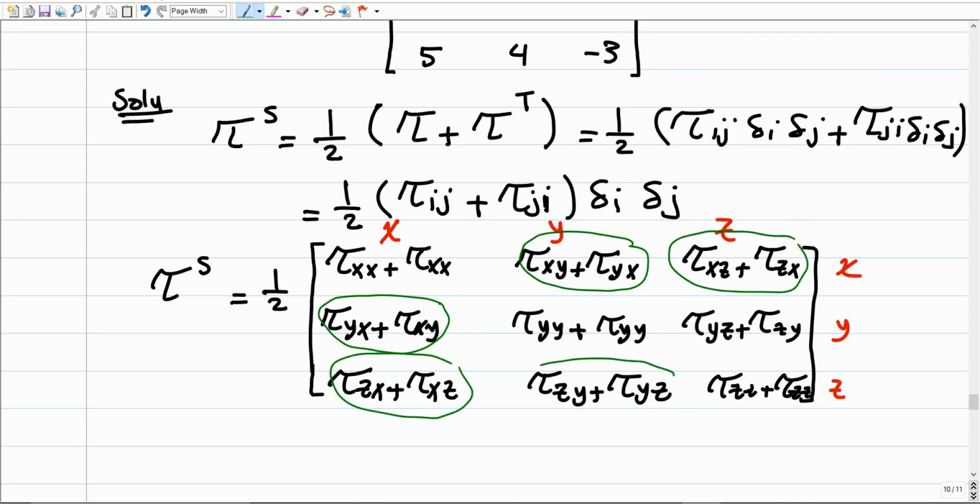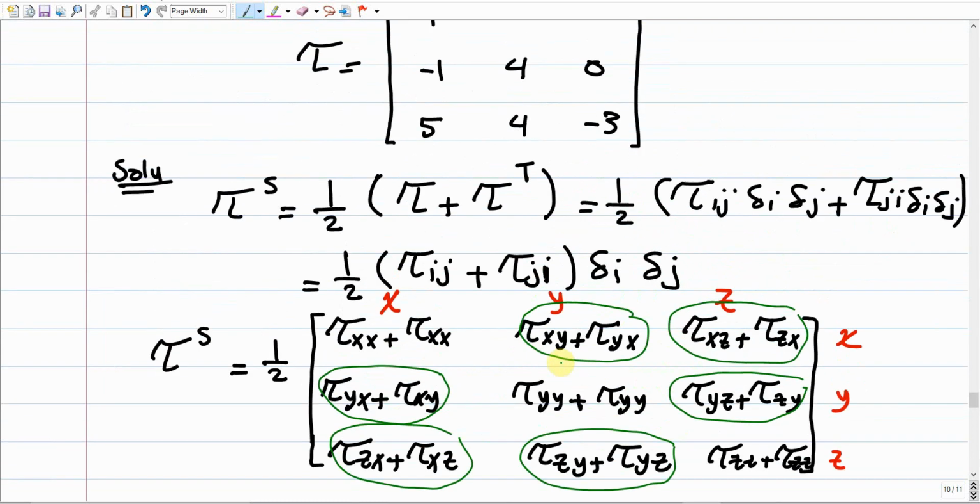And then we do have the diagonal components, which should be double the tau xx, double the tau yy, double the tau zz, but you should remember that there is a half already outside here, right? And this is typically the characteristic of the symmetric tensor, that the off-diagonal components should be identical, right? And this is what we already got in this case, right?